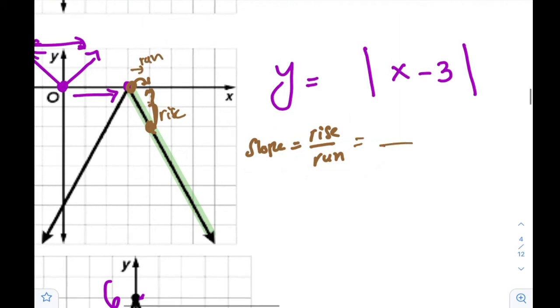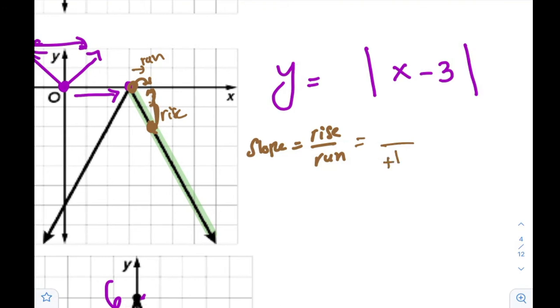It has been moved to the right 1 unit and down 2 units. So the slope here, to the right and down, is -2. Actually, we will write 2 first.